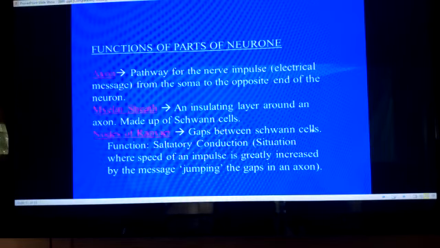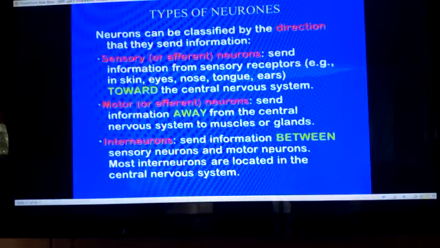Then, as I said, the myelin sheath's role is to insulate the layer around an axon, and it is secreted by groups of cells that we call the Schwann cells. Then lastly are the nodes of Ranvier, which are gaps or constrictions between cells that function as a booster. That is, they propagate and speed up the rate at which an impulse travels along an axon.